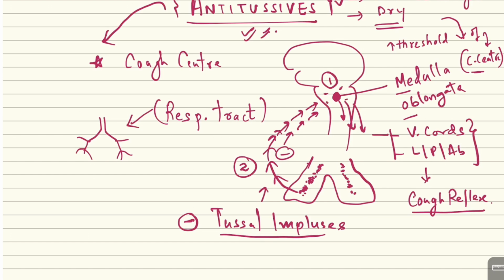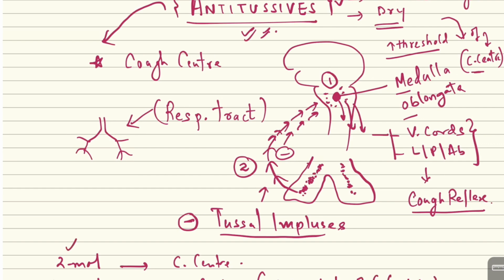Because of the raised threshold, they require a lot more irritant molecules to stimulate the center. Initially, with normal function, two molecules may stimulate this cough center. Now, because we have given the antitussives, we require say 10 molecules to stimulate it.